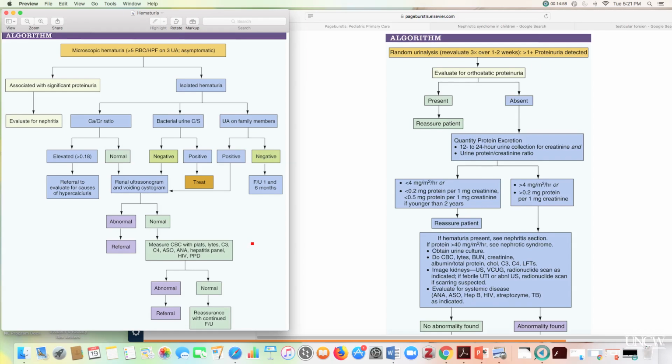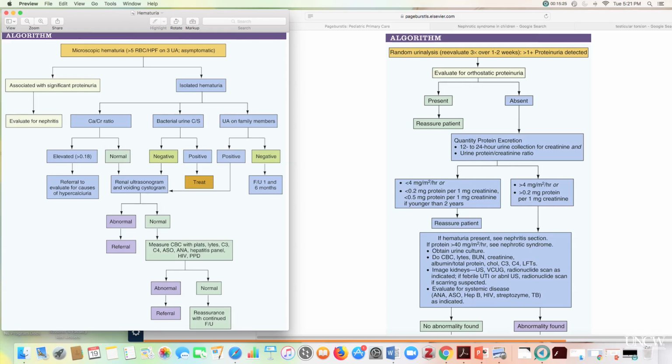Now, if you ever encounter a patient who has hematuria and proteinuria, that is a problem, always. You must evaluate that patient for nephritis, especially glomerular nephritis, because whenever you have a patient who has blood and they're also spilling protein, the first thing you're going to be thinking about is a kidney problem at the glomerular filtration level.